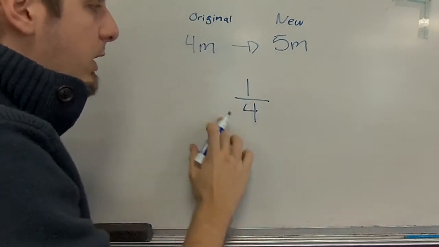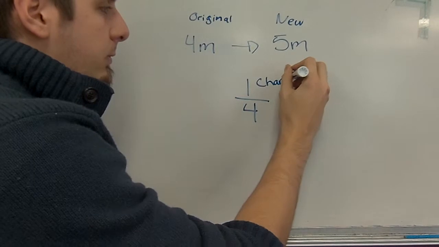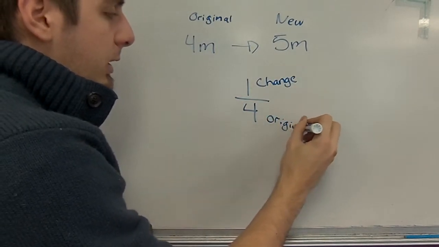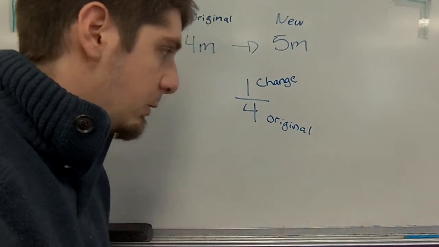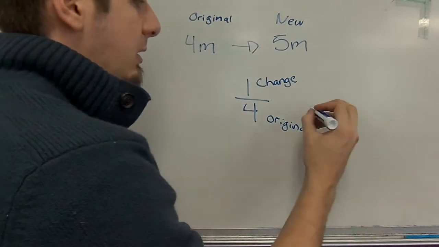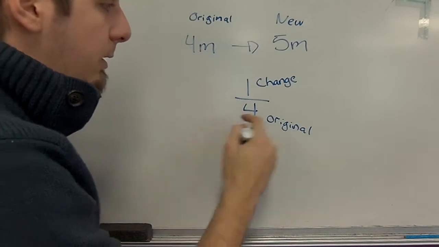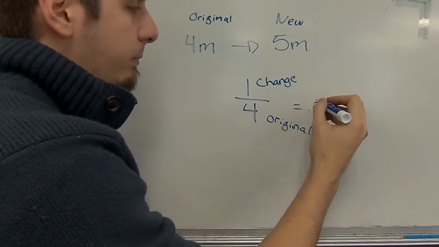So you're going to make that ratio: you're going to put the change over the original. Because it grew 1 meter, and it was 4 meters before, if you do 1 divided by 4, you get 0.25.